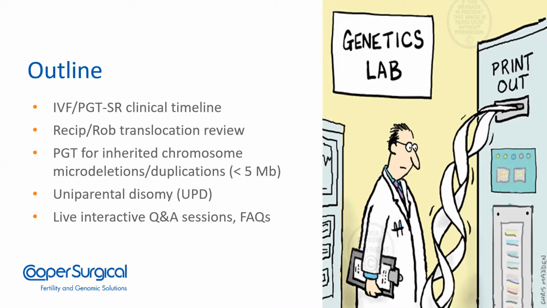That is included in pre-test enrollment counseling as well. Also, a frequently asked question that we've received from our support team and patients is this concept of UPD. I'm not going to review it in depth, but I've got some resources for further reading should you be interested, and I'll do a very brief outline of that.